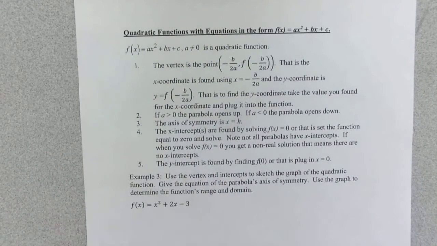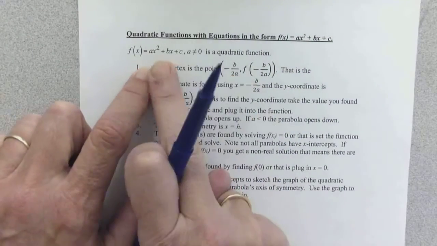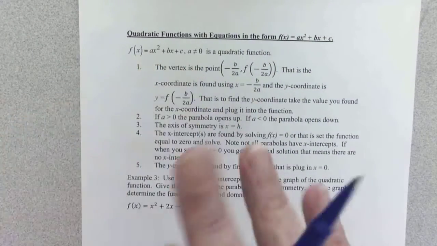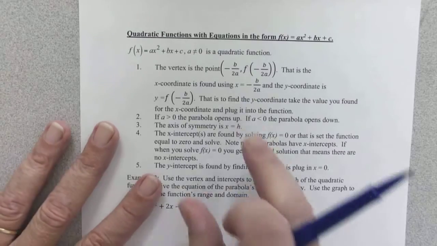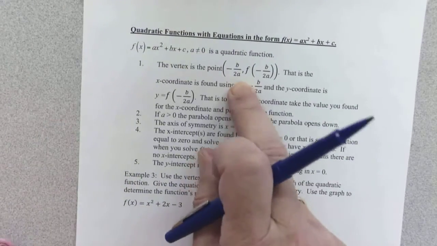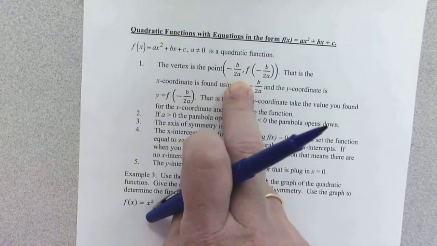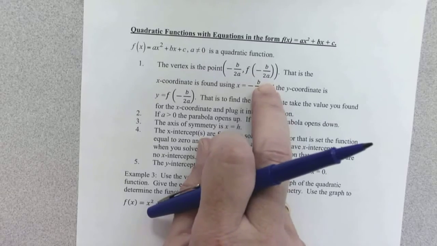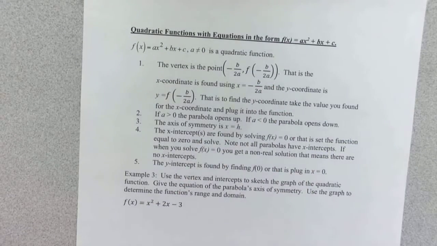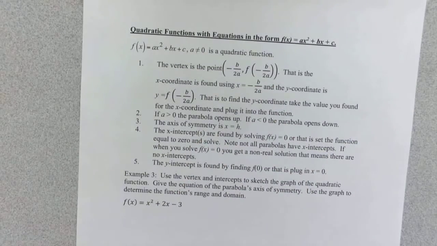is I prefer to learn this little fact here, that if I have ax squared plus bx plus c, so it's kind of all multiplied out, the vertex is the point negative b over 2a, f of negative b over 2a, where the a and b are the same a and b as in the quadratic formula.